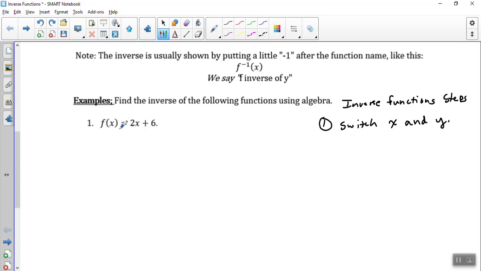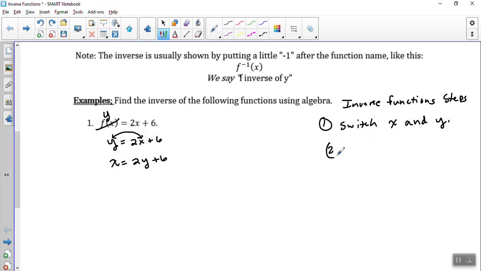This goes back to the first lesson when we talked about function notation. f of x, remember, is the same thing as y. So there's my y: y equals 2x plus 6. I'm just changing the f of x to y, and then I'm going to switch the x and y. So I'm going to put an x here, and then I'm going to put the y here.